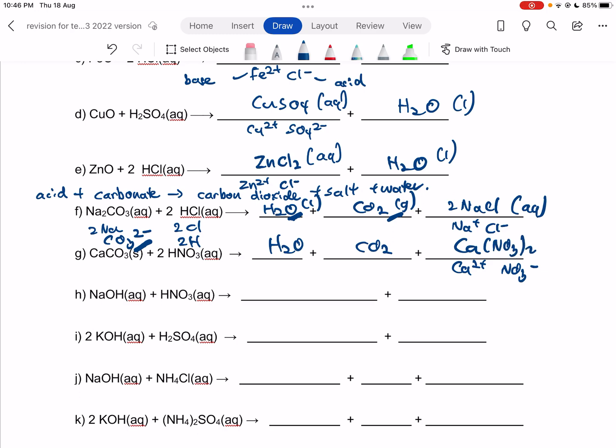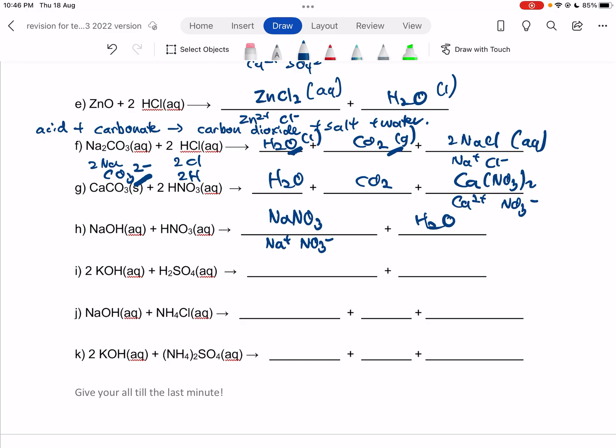Next thing is also nitric acid and sodium hydroxide. So this one is acid and alkali, a typical neutralization reaction. The salt is sodium nitrate, Na plus NO3 minus, then you get water, H2O, and this one you get NaNO3.